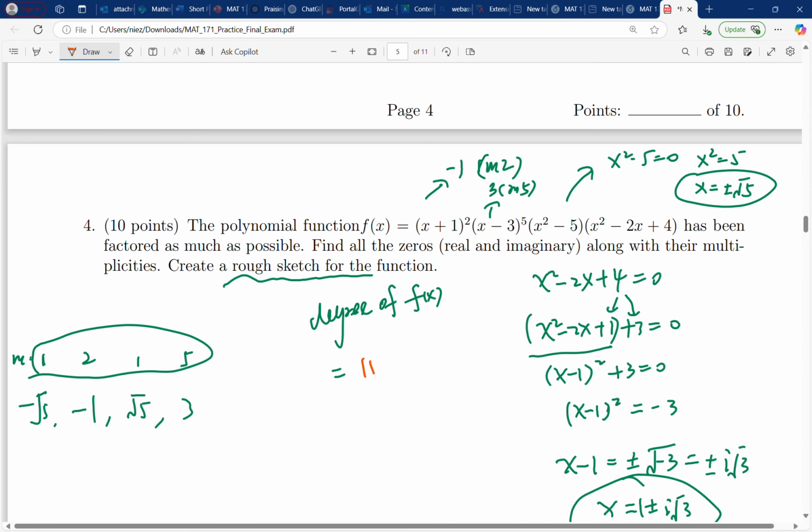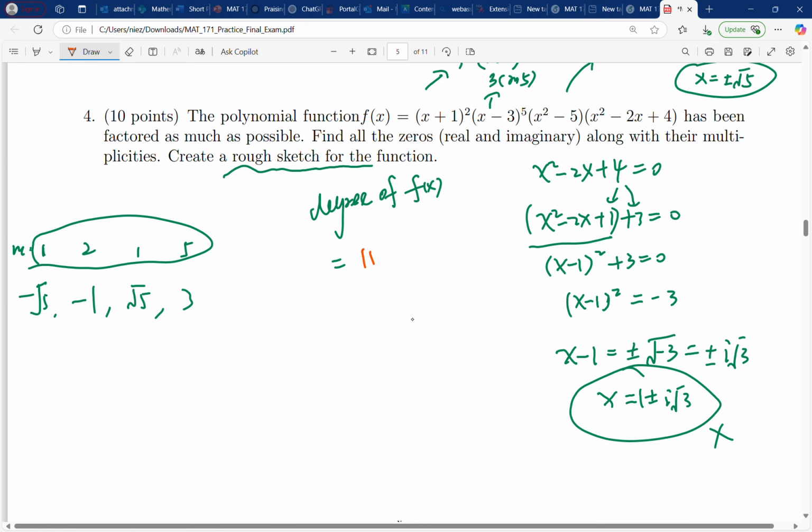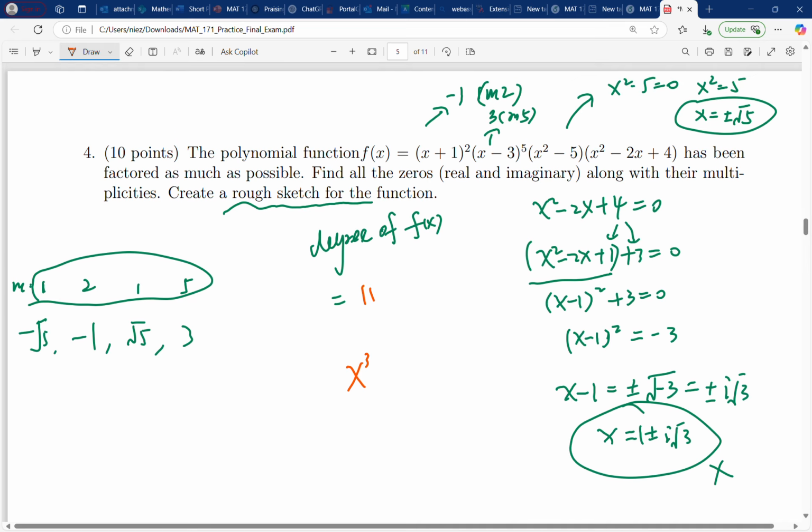And when we sketch the graph, you need to use the end behavior test. So this guy, the degree is 11, so its end behavior should be similar to x cubed, right? And you know the leading coefficient for this guy is 1. Can you see that?